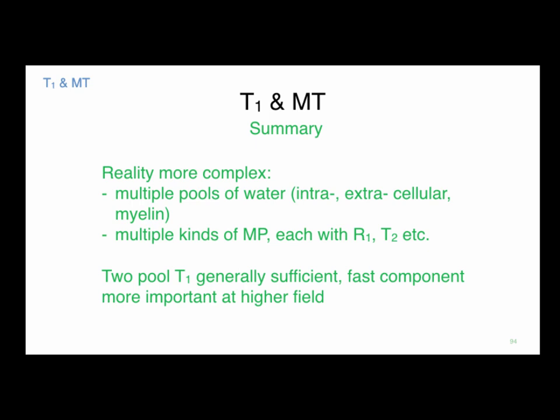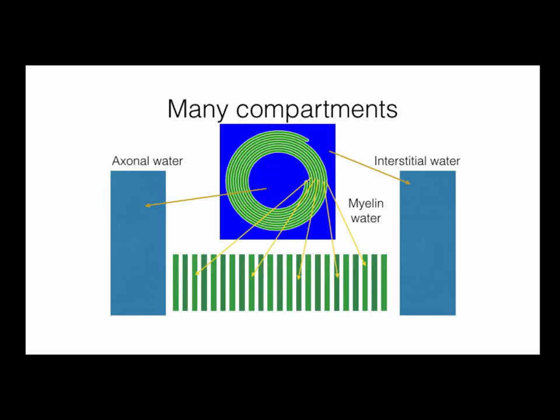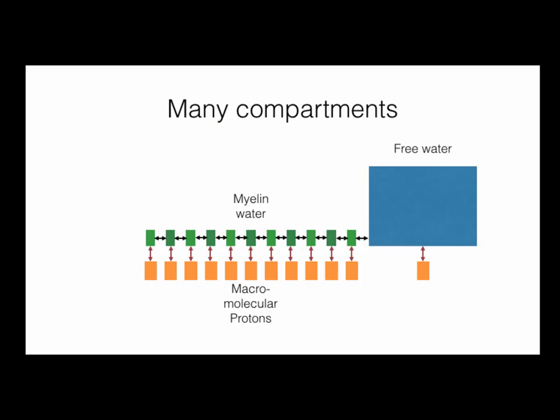In reality, things are slightly even more complex. There's not just two pools, but there's multiple pools. Since you have not just water and lipids, but you have axonal water, you have extracellular water, there's water in between the myelin layers. So to model this slightly more appropriately, you would have a water pool, say you have water between the myelin layers, and there's macromolecular protons, right?